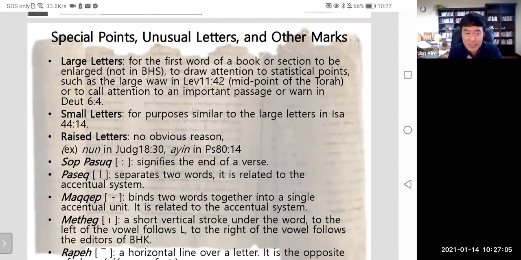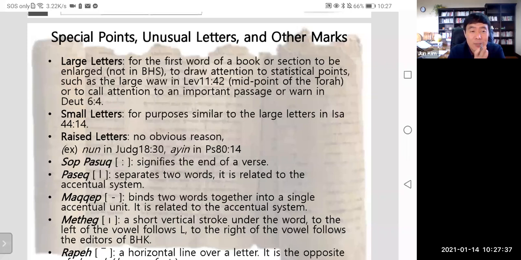Okay, this section covers special points, unusual letters, and other marks. I didn't provide all the details, but some of the important things are included here. Large letters: the first word of a book or section may be enlarged. I think I gave you a little introduction of BHS and explained why we need to read the Hebrew Bible, and then you saw enlarged letters.